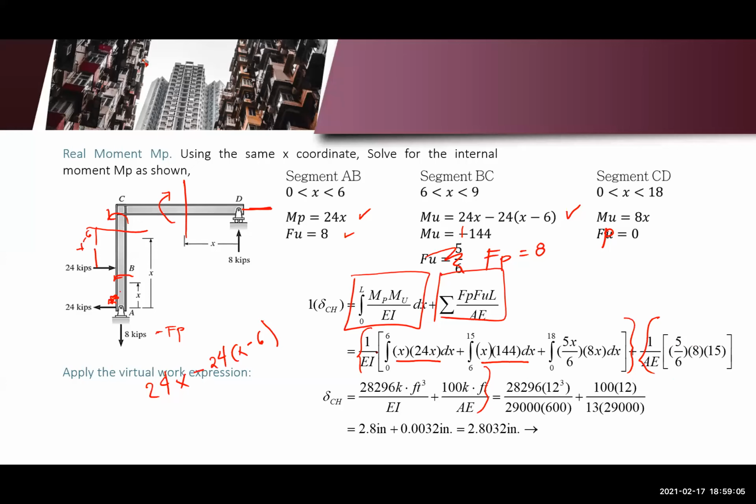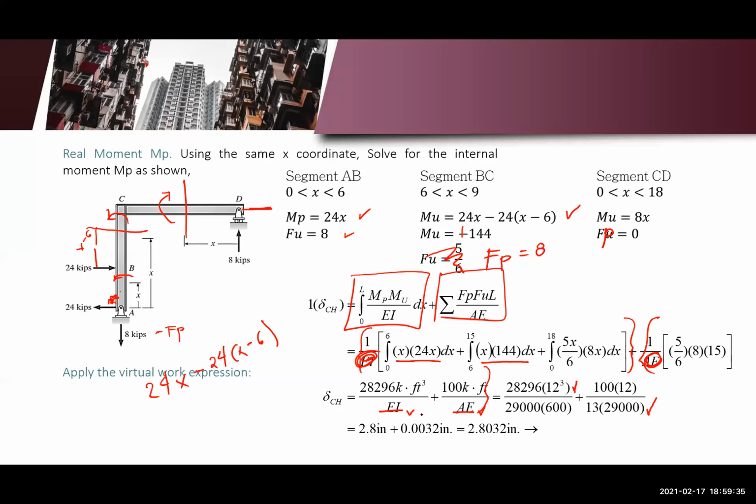Kasi magkaiba yung unit. Ito naka-over EI. Ito naka-over AE. So, dapat, ang magiging final answer nyo ito, itong dalawa. And then, after nating ma-combine, ito na nga, saka nyo isa-substitute yung value ng EI tsaka AE. So, solving now, substitute nyo na yung value ng EI tsaka AE. Saka na natin siya i-combine. So, final answer is 2.8032.